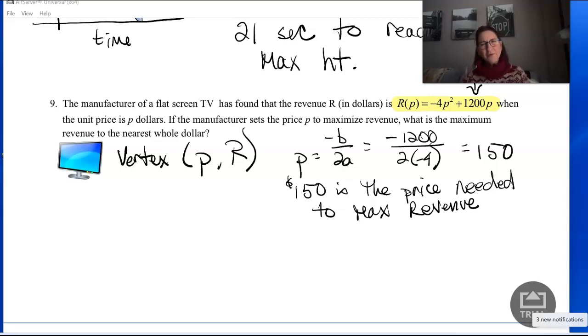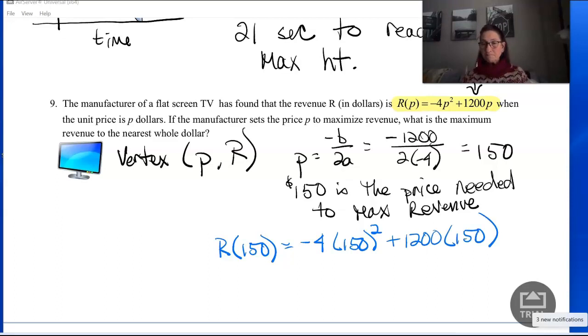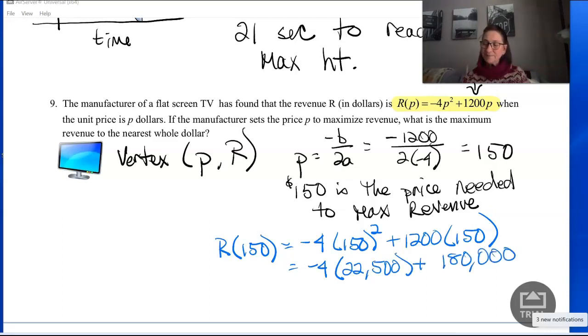All right. So now what do I do? Well, now I just plug that p-value into my function. So that's going to be R of 150, and it's equal to negative 4 times 150 squared plus 1200 times 150. So I just plug that into my calculator. That's going to be negative 4 times 22,500 plus 180,000.